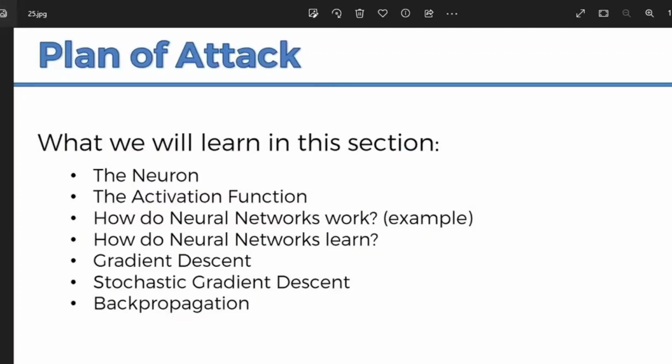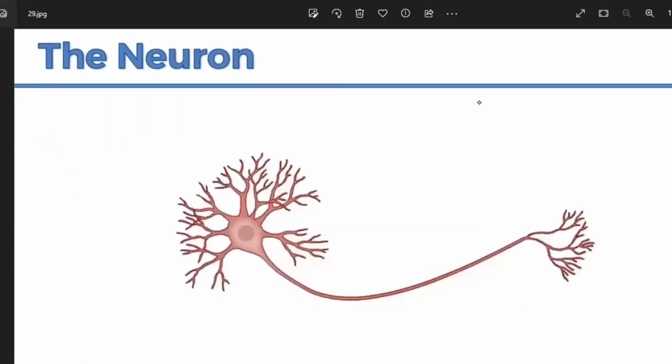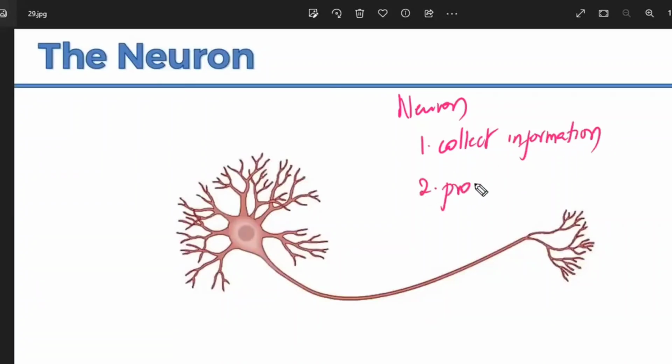Okay. Now, whatever neurons we are having, first, any neuron. What is meant by neuron? A neuron will collect the information, process the information, and send the information.